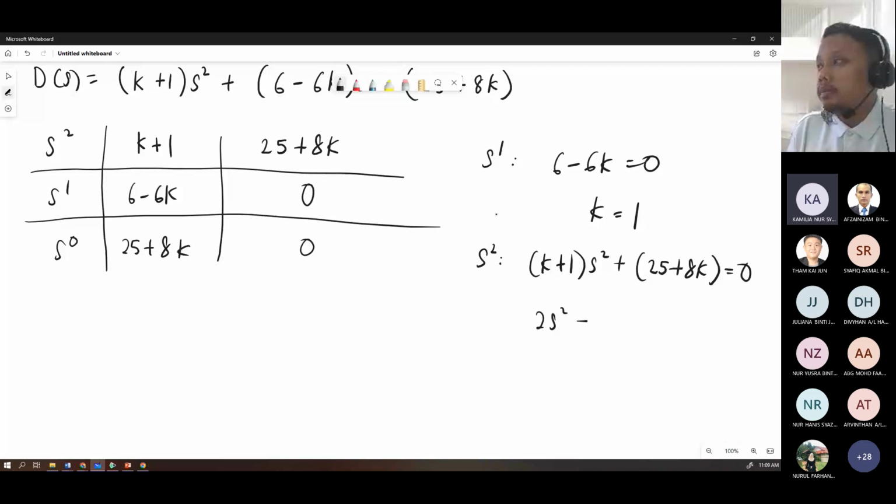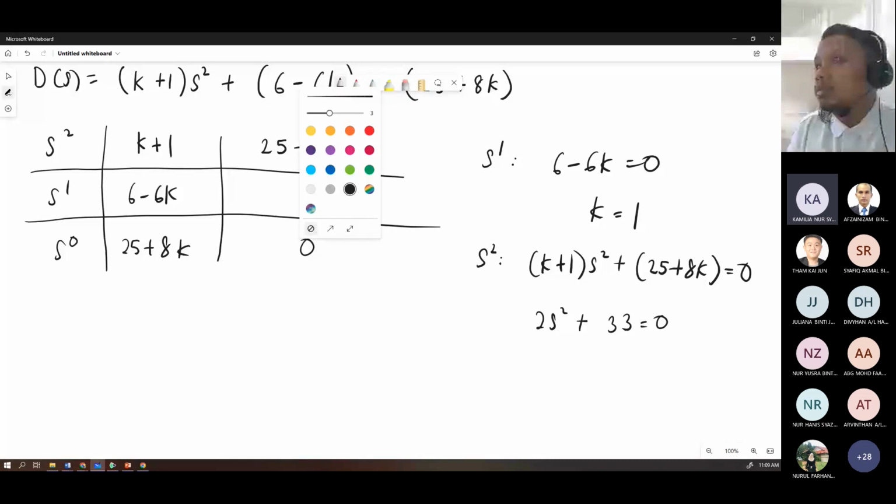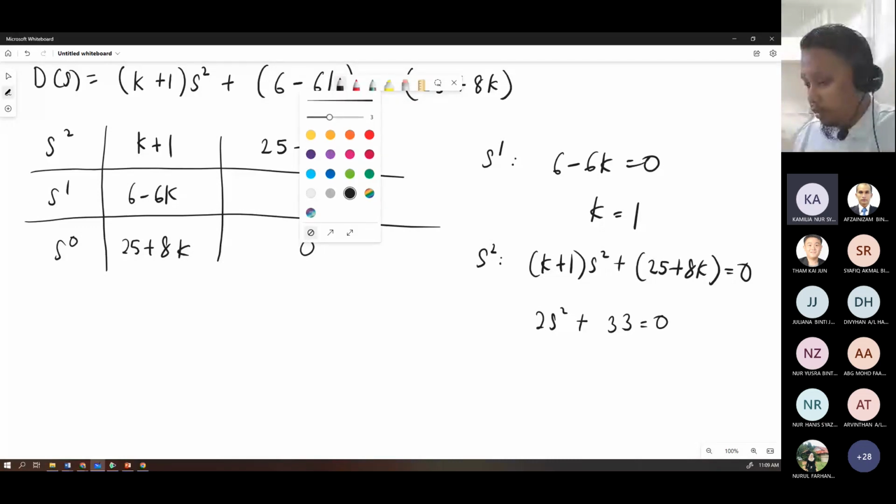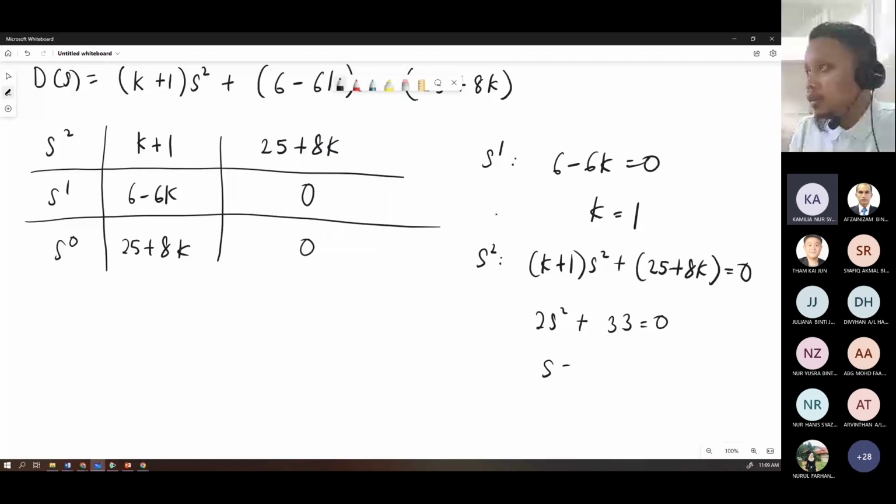So 2S squared plus 33, and then find the value of S. So S equals plus minus 4.06 j.